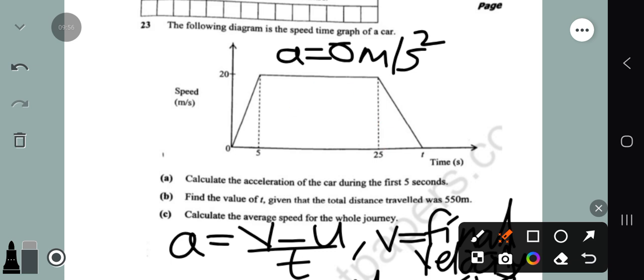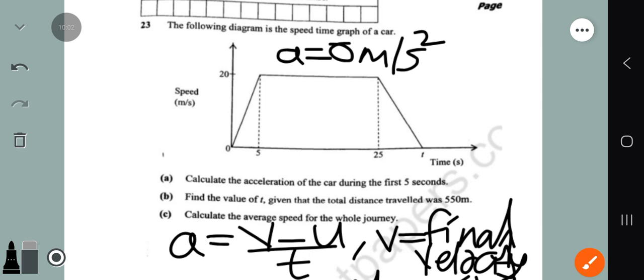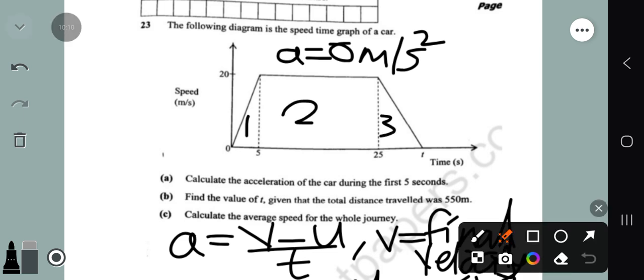So let's move on. Let's find the area of this triangle. Let's say this is shape 1, this is shape 2, and this is shape 3, right? So let's find the area of shape 1 plus the area of shape 2 plus the area of shape 3. This shape is a right angle triangle.